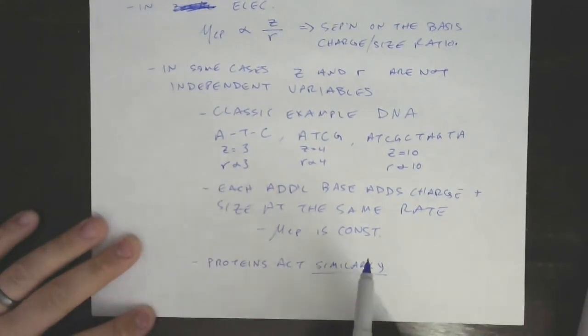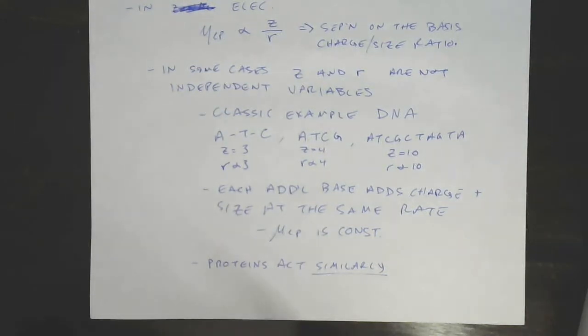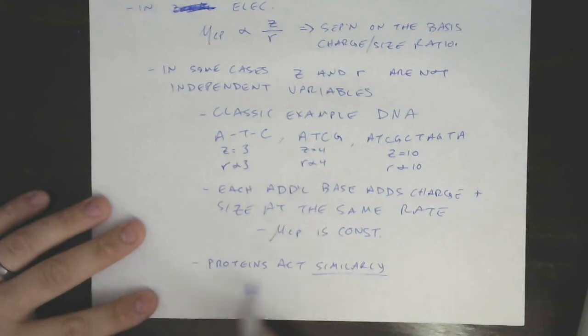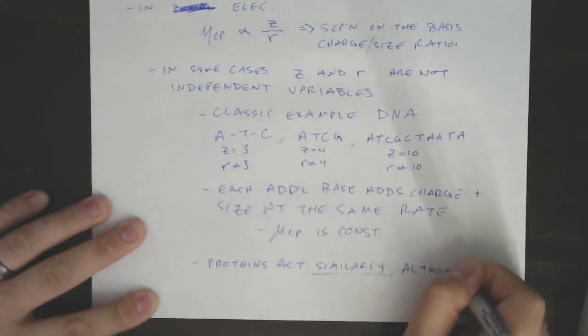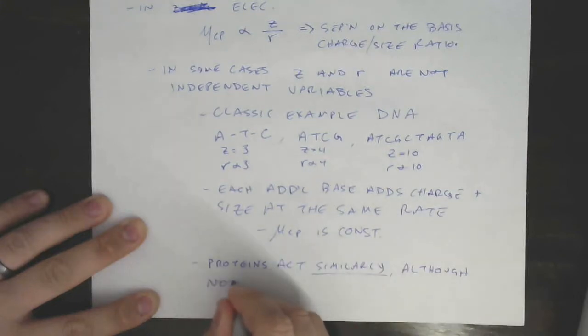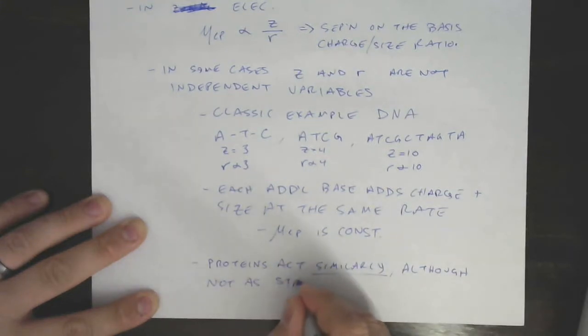As the protein gets bigger, it doesn't get more charged at exactly the same rate. It's not as strict. So proteins act similarly, although not as strict of a relationship.